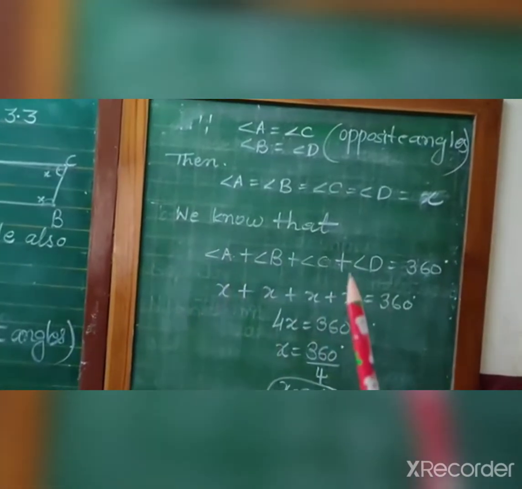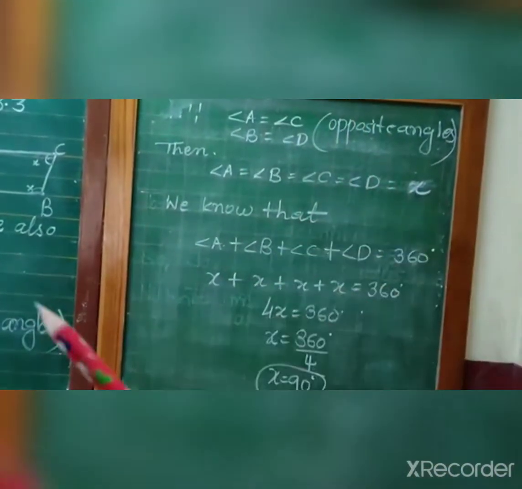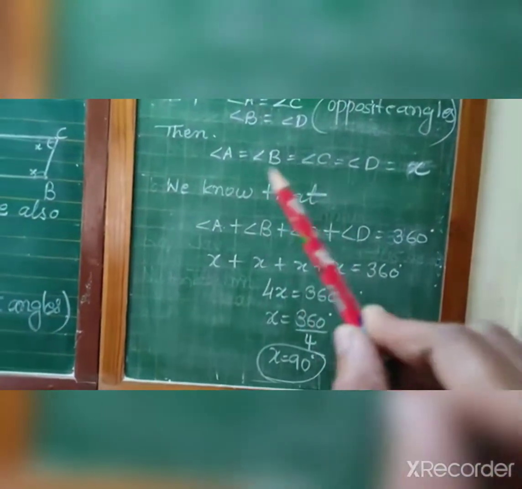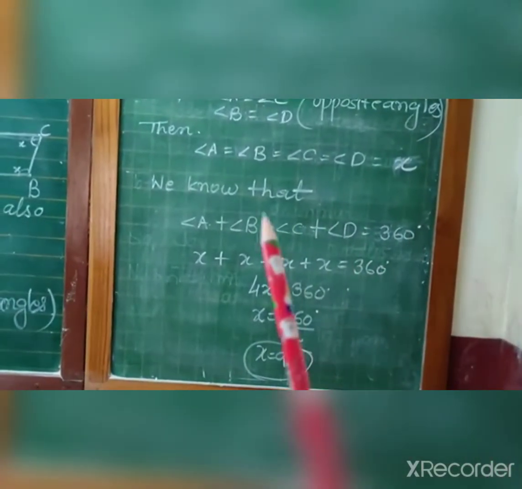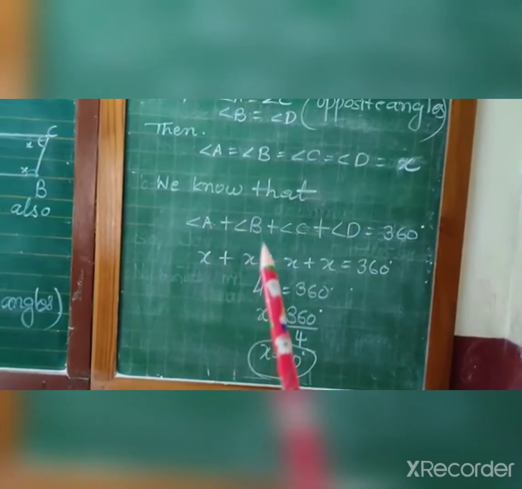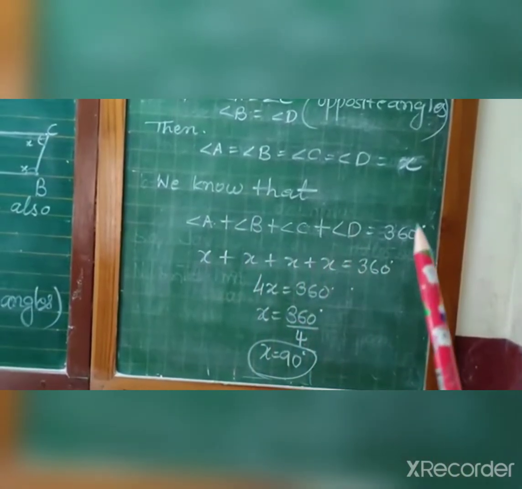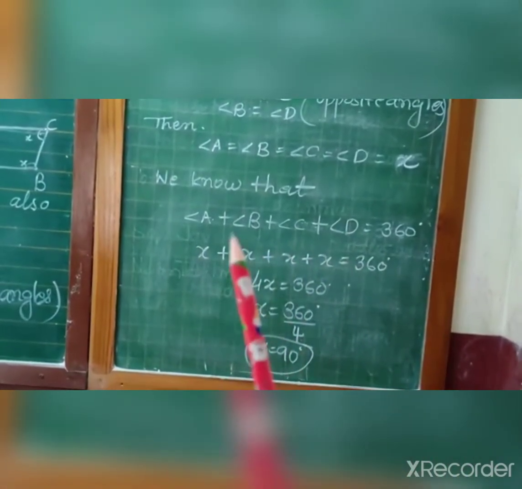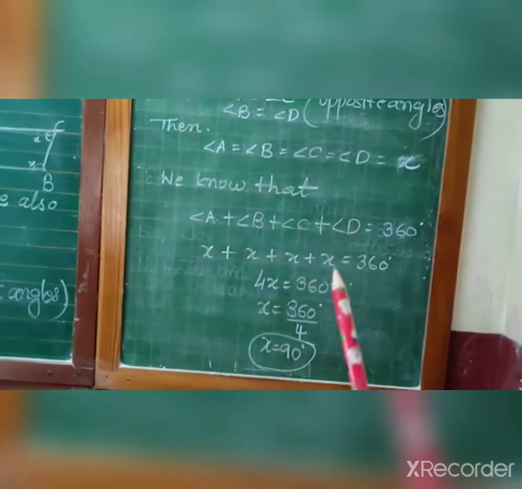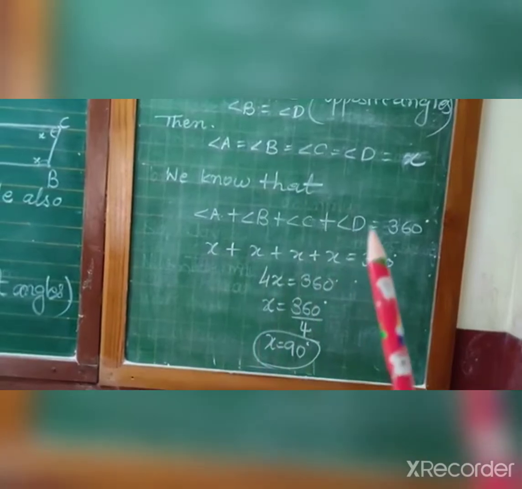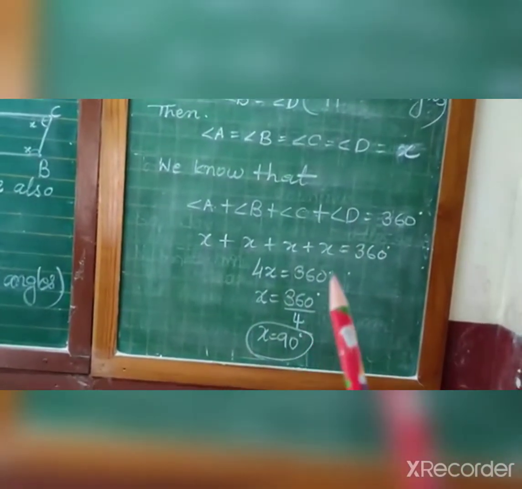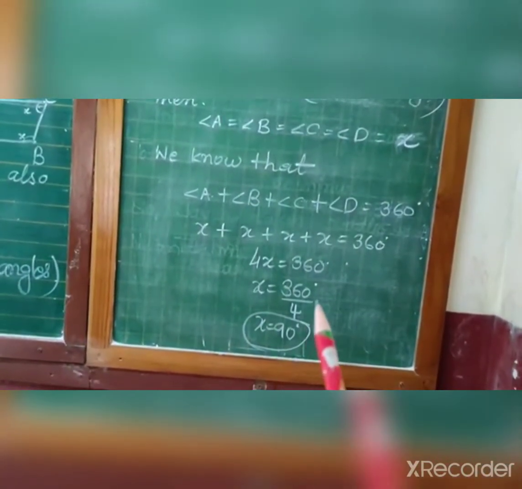So we know that in the parallelogram, in any quadrilateral, the sum of the angles is always 360 degree. So angle A plus angle B plus angle C plus angle D is equal to 360 degree. Put the value: x plus x plus x plus x is equal to 360 degree. 4x equal to 360 degree. X equal to 360 degree upon 4. 360 degree is divisible by 4, 90 times.